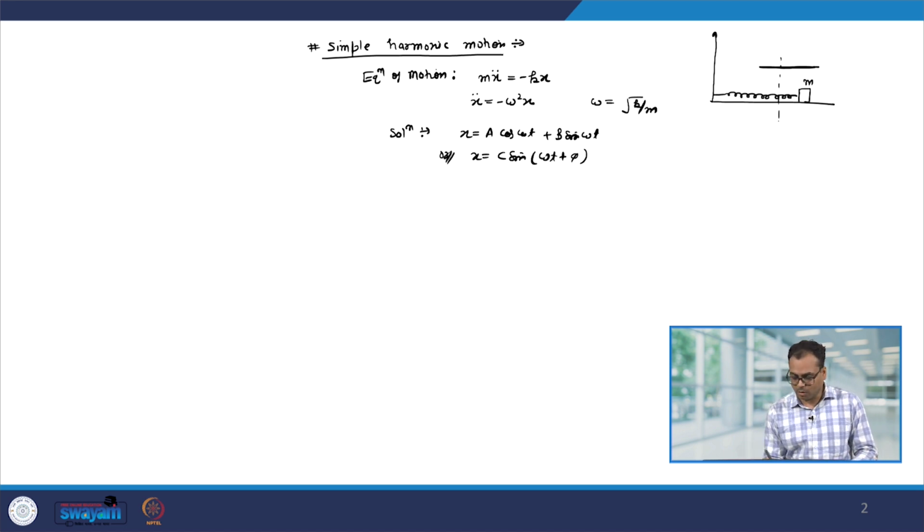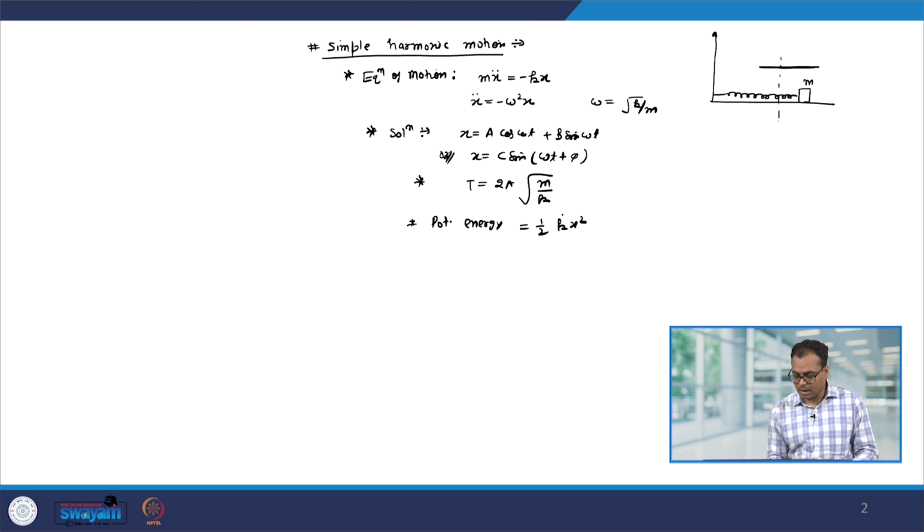The time period of this motion T was 2 pi square root m by k, and the potential energy was half k x square.